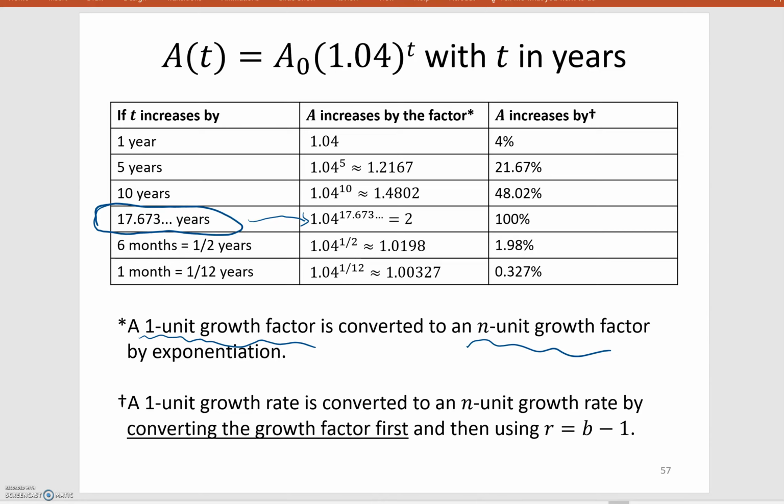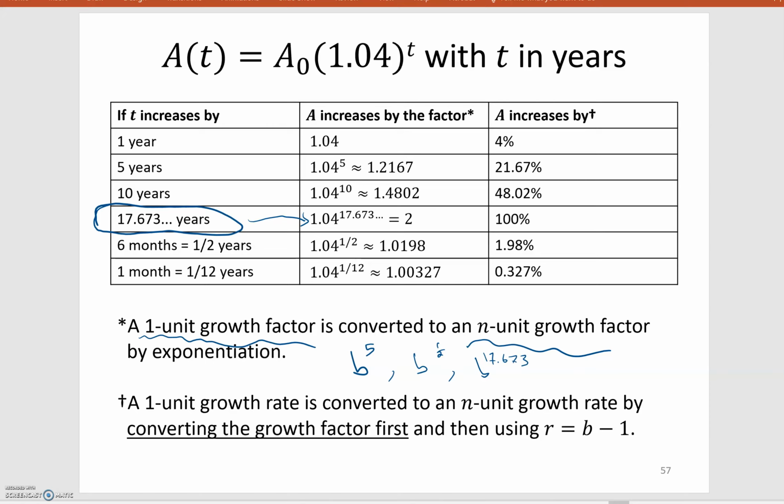You've got a 10-year unit, and in each case, all we have to do is take B and raise it to the appropriate value. So we raised B to the 5th, B to the 1/2, B to the 10th here, and here we raise B to the 17.67, which is the doubling time, etc. And then you've got some other ones computed here.